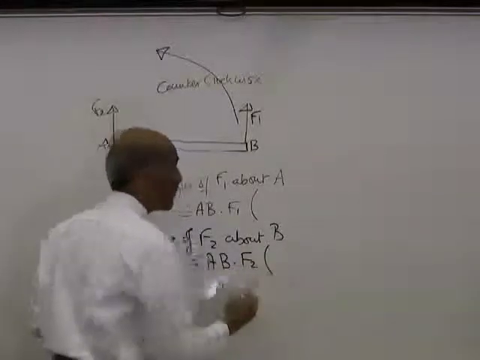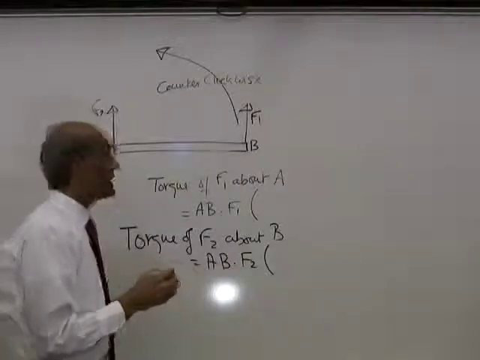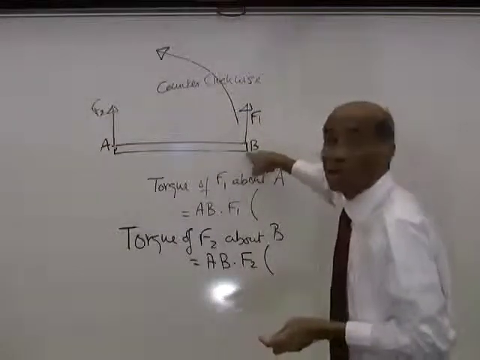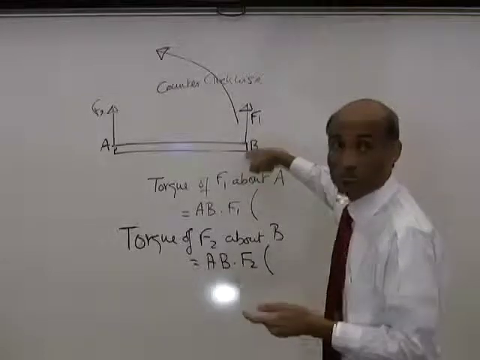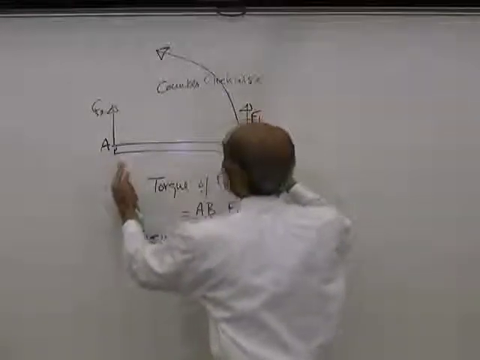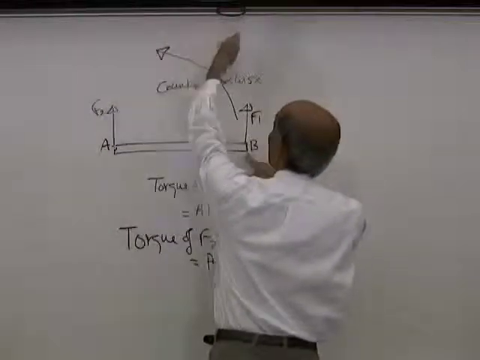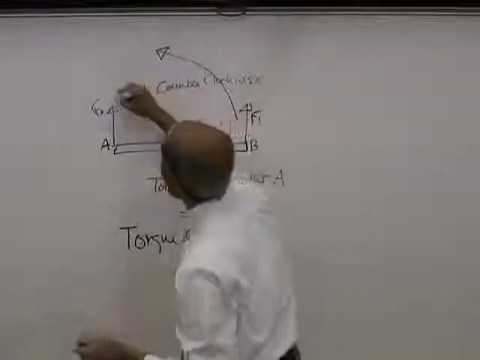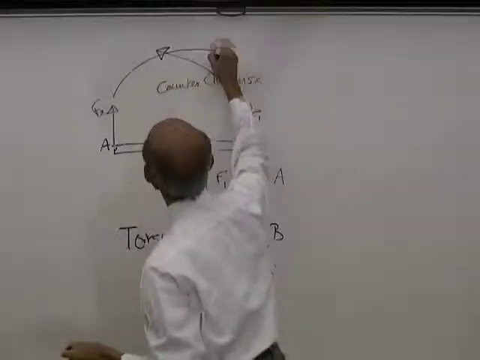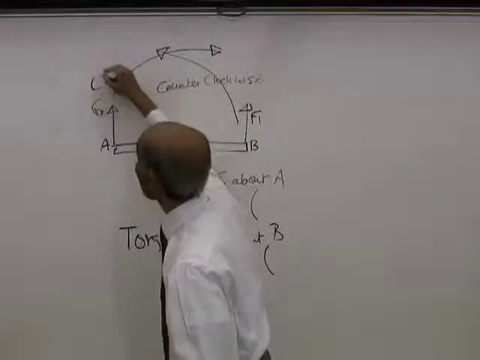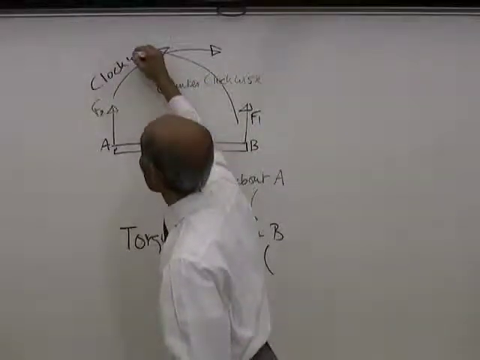Now tell me, what kind of a torque is this? If I now hold my finger at B, that is the axis, and rotate the rod using the force F2, look at the way the rotation is going to take place. The rotation is going to be like this. It is a clockwise rotation, isn't it?